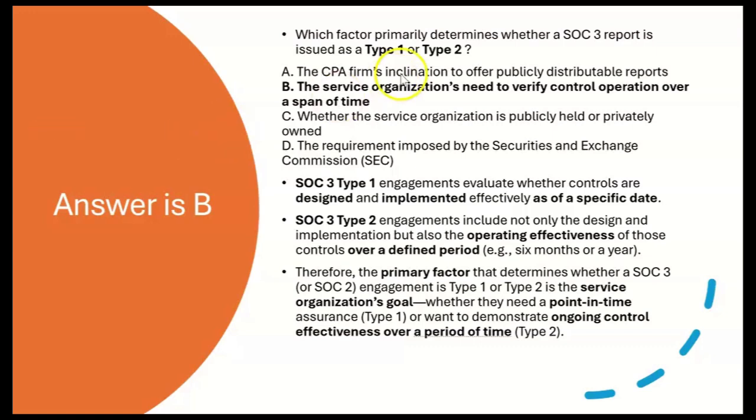And the question asked, which factor primarily determines whether SOC 3 report is issued as a Type 1 or Type 2, and it's all up to the service organization and whether they need to verify control operation over a span of time, or whether they just need to verify control design and implementation at a specific point in time. B is correct. It's certainly not A, the CPA firm's inclination to offer publicly distributable reports.